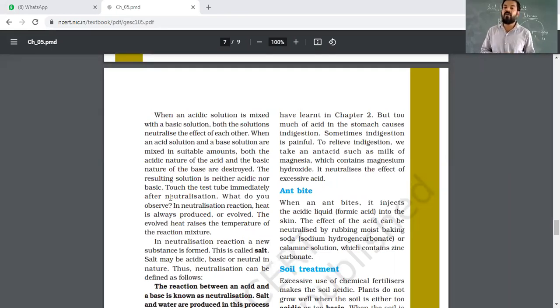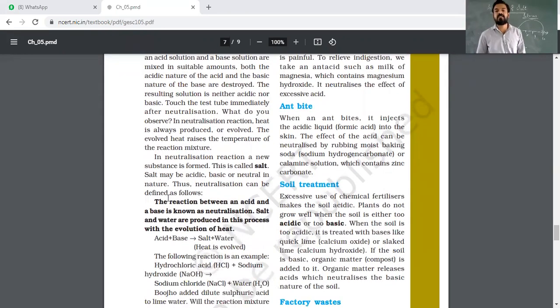Thus, neutralization can be defined as follows. The reaction between an acid and a base is known as neutralization. Salt and water are produced in the process with the evolution of heat. Evolution means heat, producing heat.